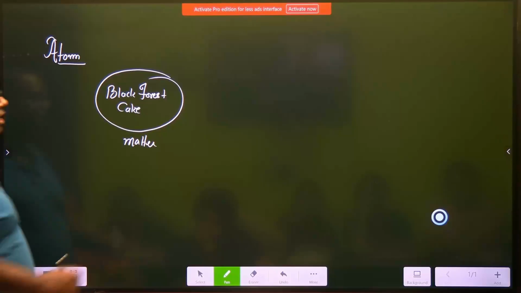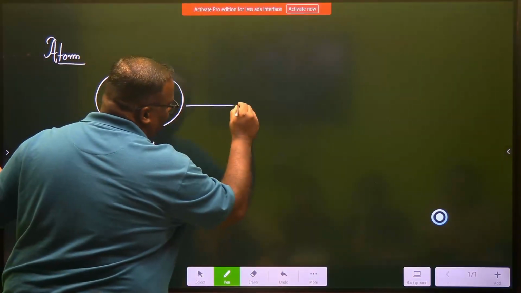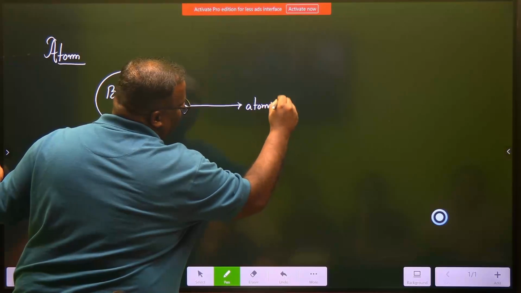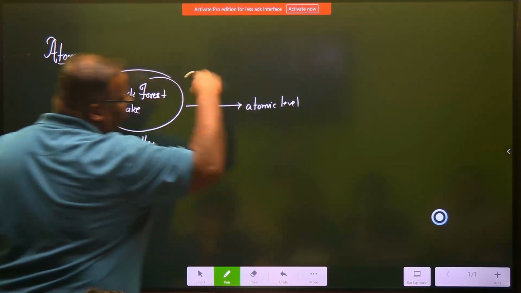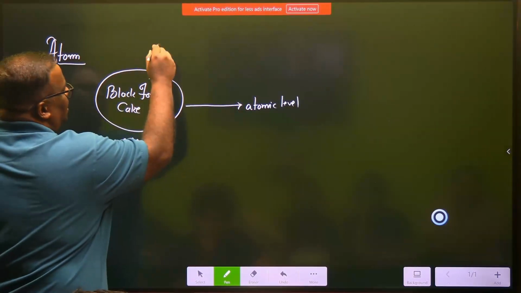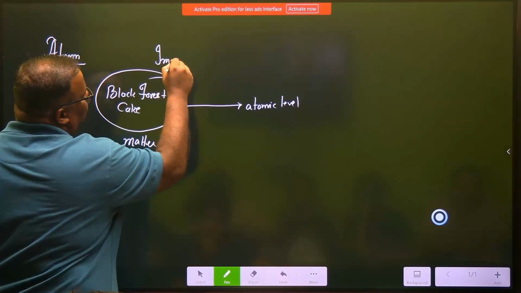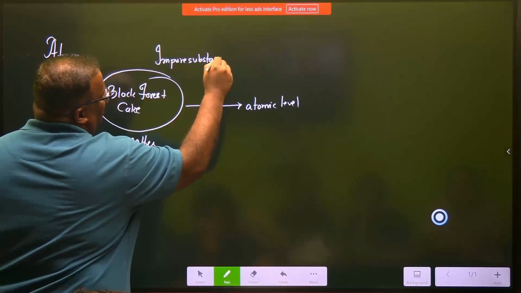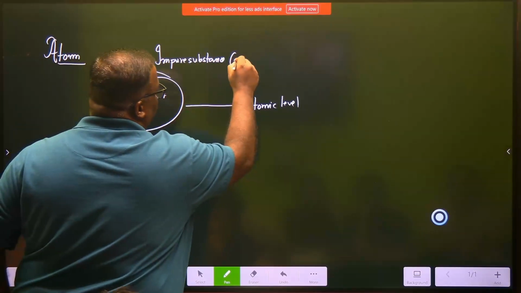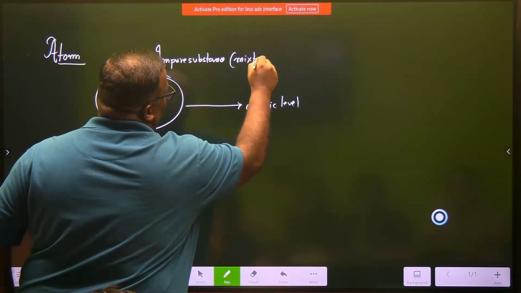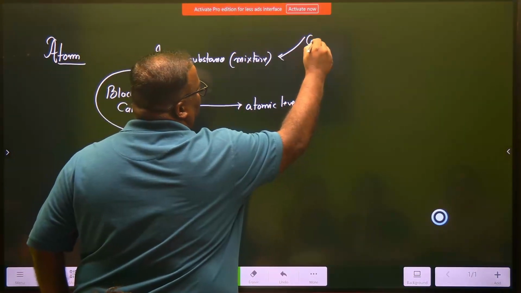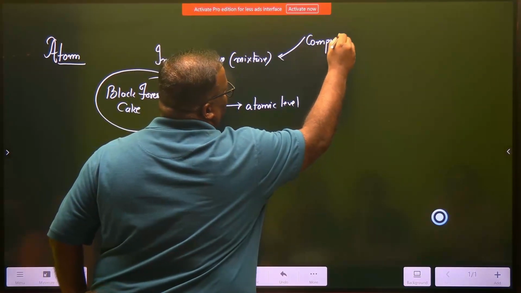Now, when we break it down finally, we come to the atomic level. By now you know everything, that this is in the standard of chemistry. I'll call it an impure substance. Yes or no? Yes. And if it is an impure substance, it has to be some sort of a mixture. And if it is a mixture, it must have many compounds, right?